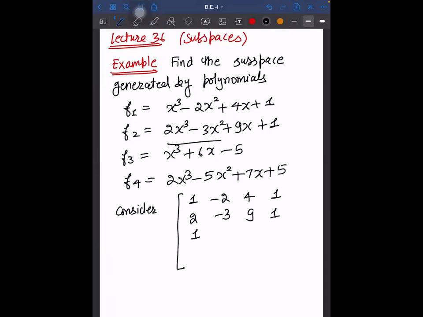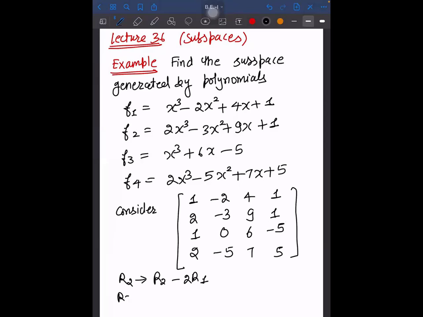Since here the coefficient of x square is 0, I'll take it as 0. Now the third row, -5, sorry. So now we'll apply the row operations. Of course, we'll apply R2 minus 2 times R1, R3 minus R1, and R4 minus 2 times R1.